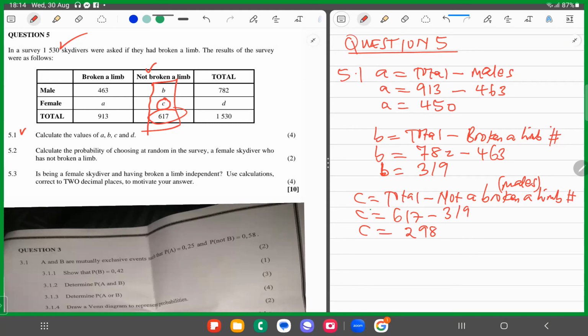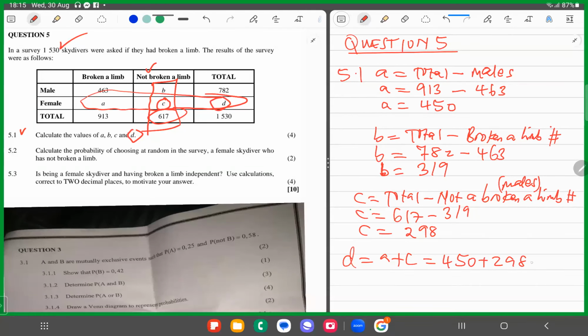We continue and we look at D as well. D is sitting there. D can be found in a couple of ways. One way to find D is to consider this row and you add A and C. So D is exactly A plus C. It's risky because if A and C are incorrect, then D is going to be incorrect. But we have two ways to find D. A is 450 and C is 298.